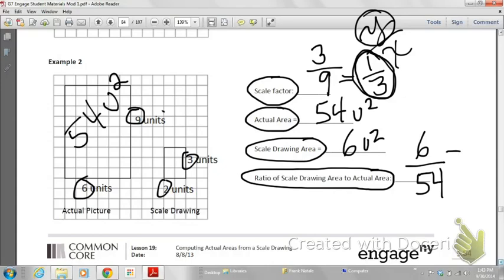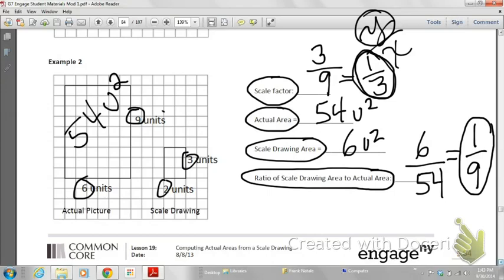If we reduce that fraction, again, this needs to be something that is done automatically. I see a relationship between 6 and 54. They're both divisible by 6, and I know 6 divided by 6 is 1, 54 divided by 6 is 9. And here you go, 1/9.